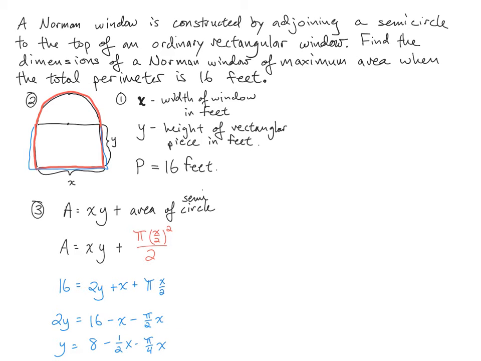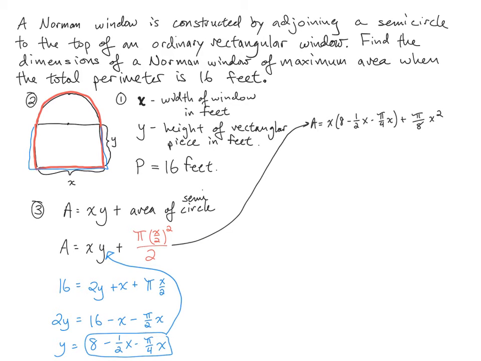Finally, what we will do is we will take this expression and substitute it in for y here. So the area equation then becomes this. And there was a small simplification here. X over 2, the quantity squared, is x squared over 4. We would multiply that by pi. So it would be pi over 4 times x squared. And we would divide all of that by 2, which would be pi over 8 x squared.